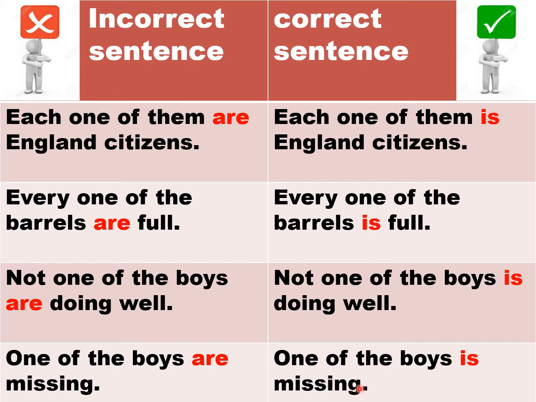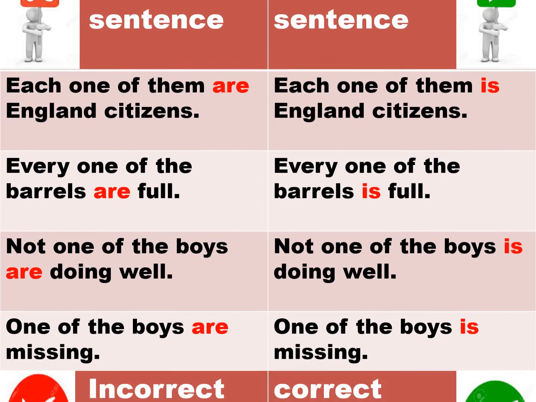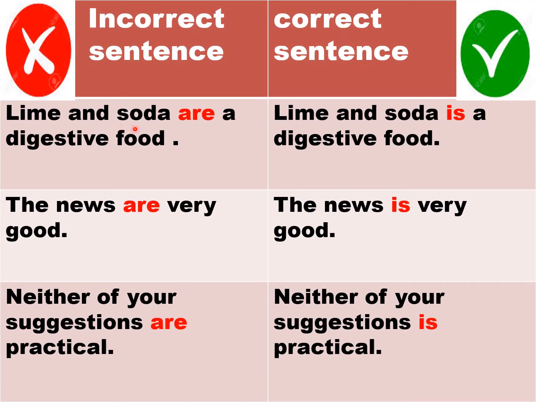One of the boys is missing. Lime and soda are a digestive food. Here lime and soda indicates a single entity or single unit, a single subject. So a singular verb must be used. Lime and soda is a digestive food.